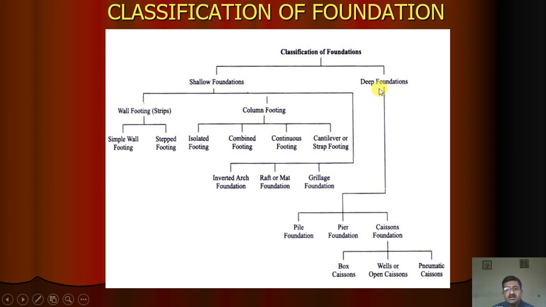Then deep foundations are divided into pile foundation, pier foundation, caissons or caisson foundation. In that it is also divided into box caissons, wells or open caissons, and pneumatic caissons.